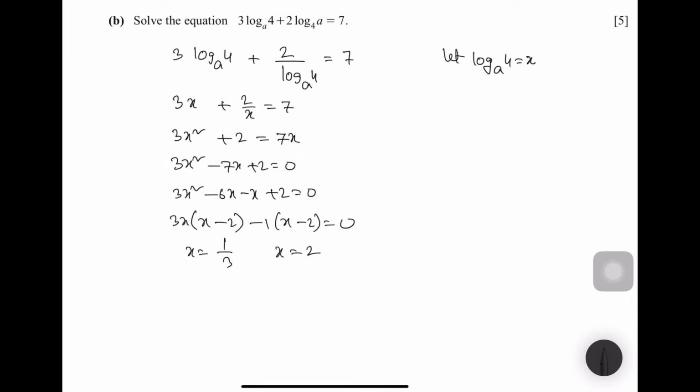Now let us substitute what I have considered. Log a base 4 equals 1 by 3, or log a base 4 equals 2, so 4 equals a to the power 1 by 3, or 4 equals a squared. So 64 equals a.